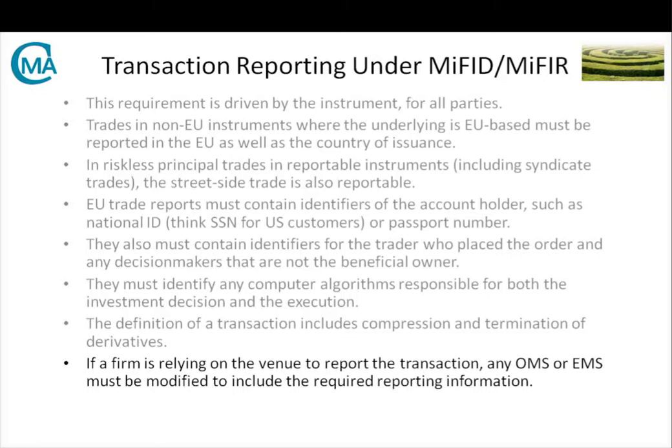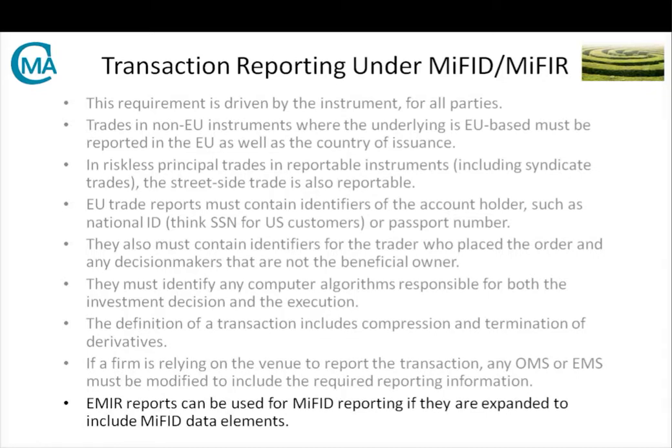So order transmission to European venues is now a much bigger deal. The transaction reporting requirement for MiFID has more data elements than EMIR, and also covers more products. EMIR was primarily for derivatives. So you can use the EMIR reporting if you expand the reports to include this additional information.